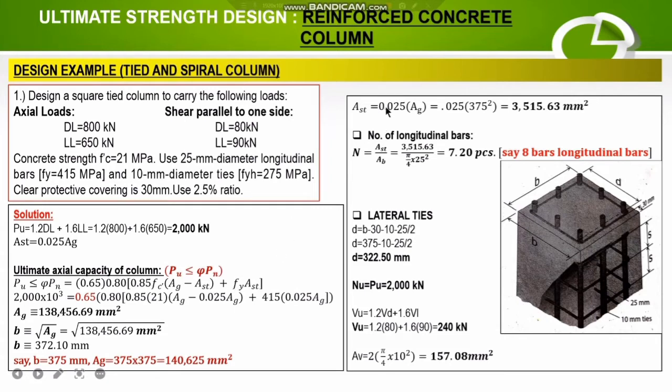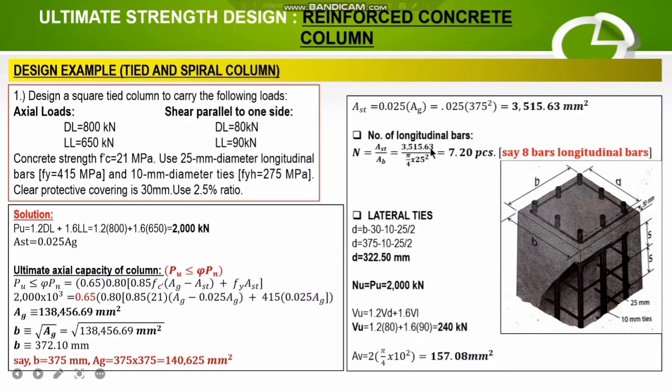So AST is equal to 0.025, or 2.5% of AG, is equal to 0.025 times 375 squared, which is equal to 3,515.63 mm squared. So that is the value of the steel reinforcement area.